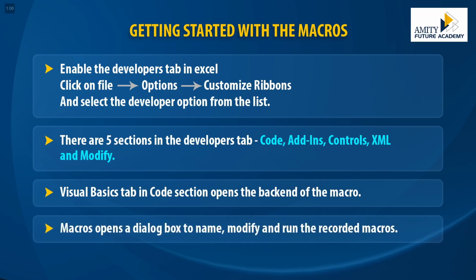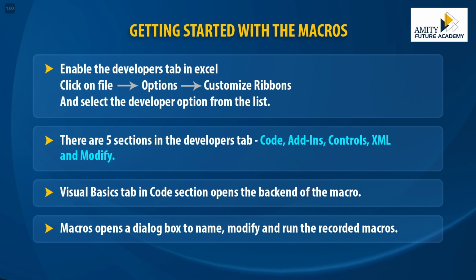The macros tab in the code section gives you a dialog box with a list of recorded macros and options to name, to edit, that is modify, and run the macros.